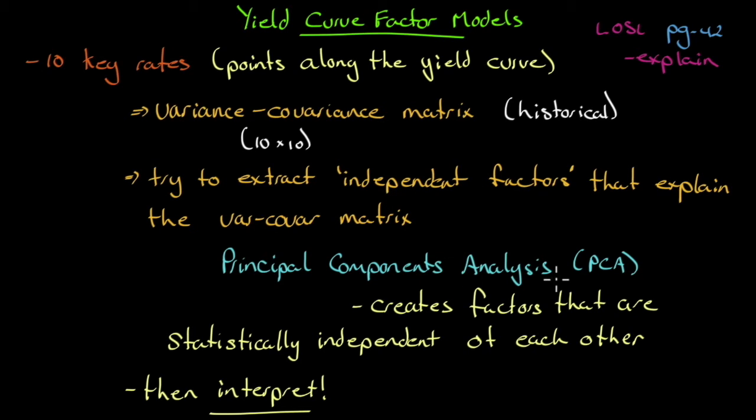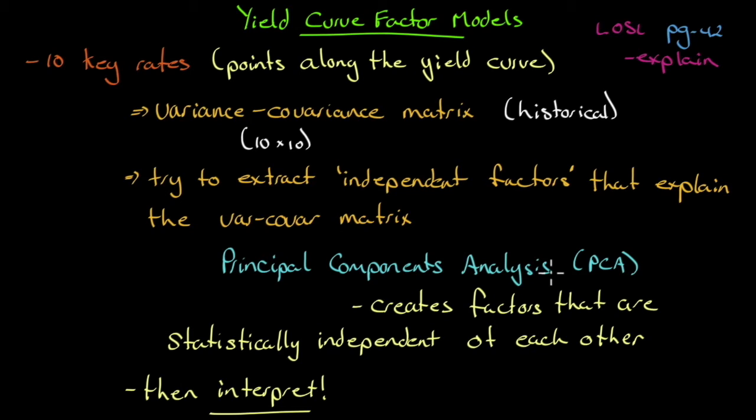That's called principal component analysis. And the idea behind principal component analysis is that it looks for what are called orthogonal factors. An orthogonal factor means that each factor is statistically independent of the next one. So it'll make a pass of the data set and extract a component that accounts for the largest amount of the variability. Then it'll make a second pass and extract variability, but it cannot use any of the variability from the first pass.